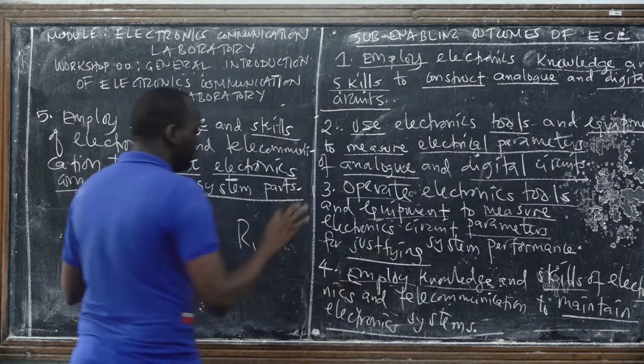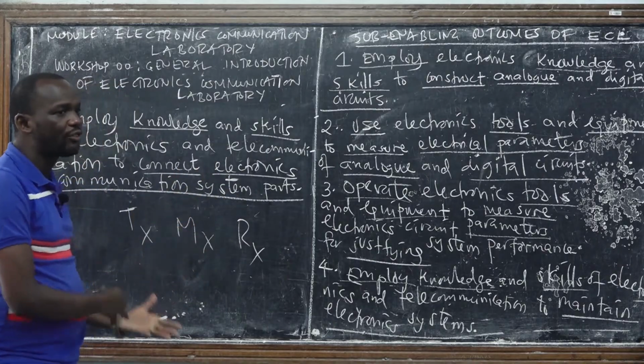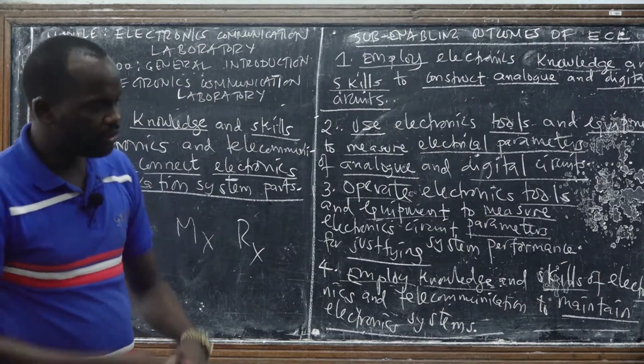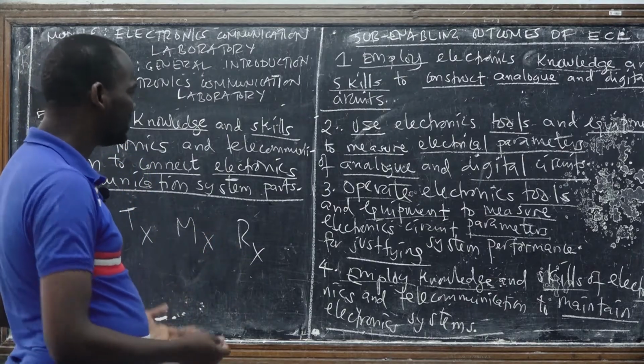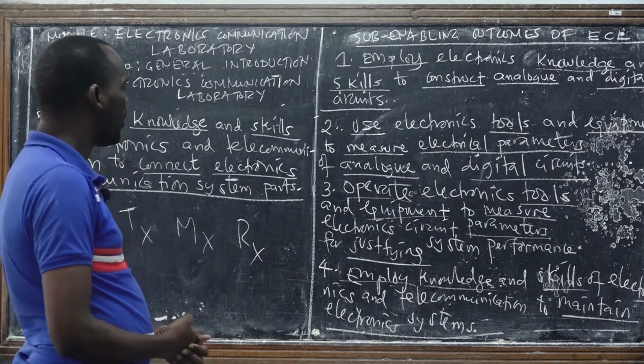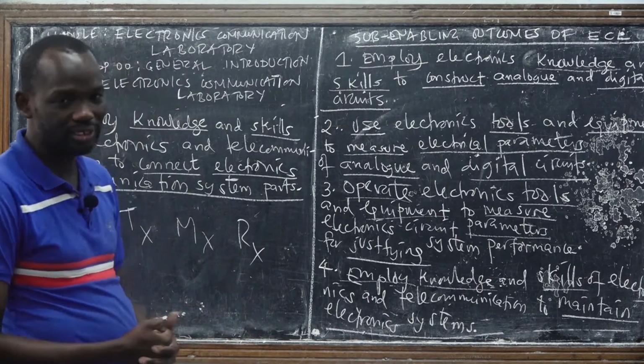So if you analyze, these are the only 5 sub-enabling outcomes that you have to achieve in this module. When you analyze them, you might think that it's very simple to achieve them. But I don't want to tell you whether it's simple or not simple. Let us see.